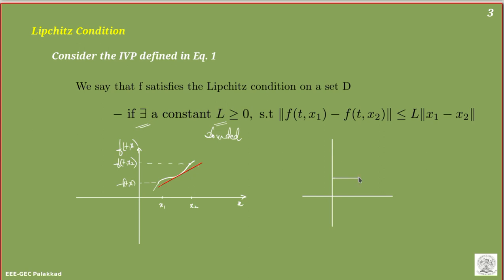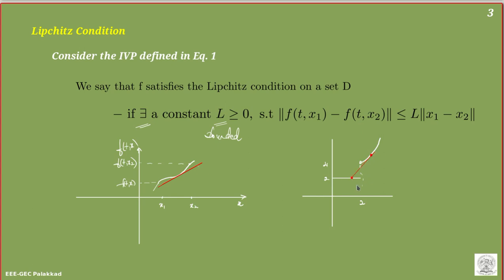This is the same problem that we had seen, a discontinuous function here. This is 2 and this is 4, for example. If I take x1 and x2 at these two points, I can get a slope which is bounded.